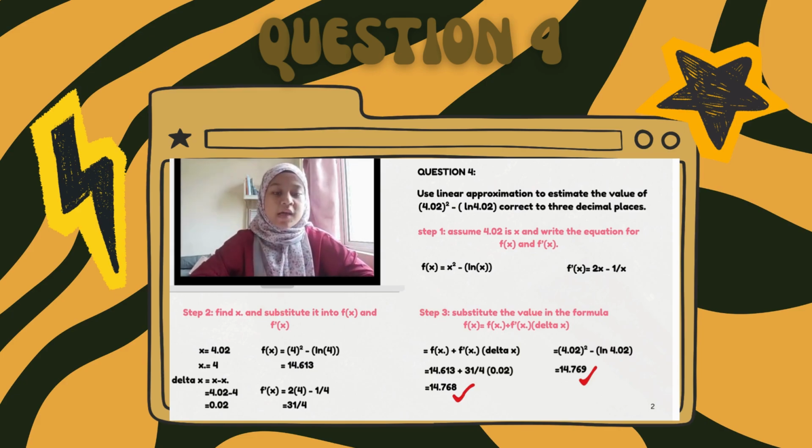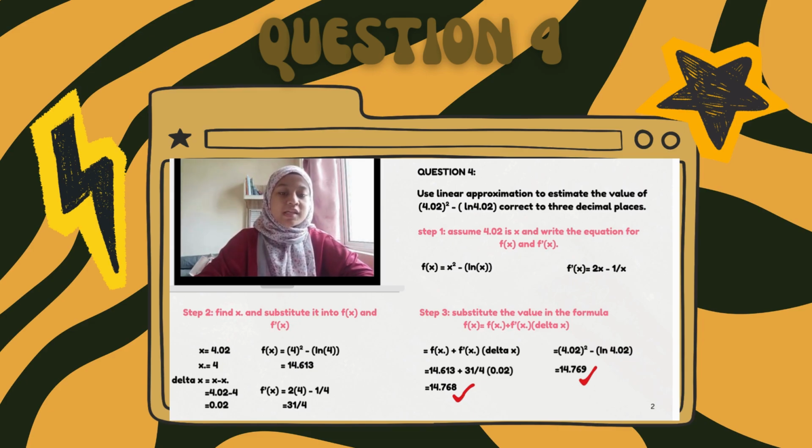Moving on to step 2, we need to find x naught and substitute it into f(x) and f prime(x). As we know, x is 4.02. We're going to find the value of number nearest to x. So x naught is going to be 4. Why? Because it's near 4.02.